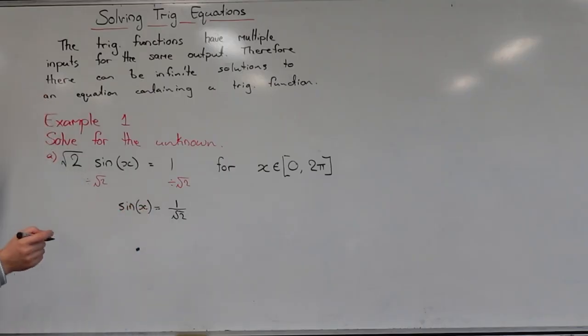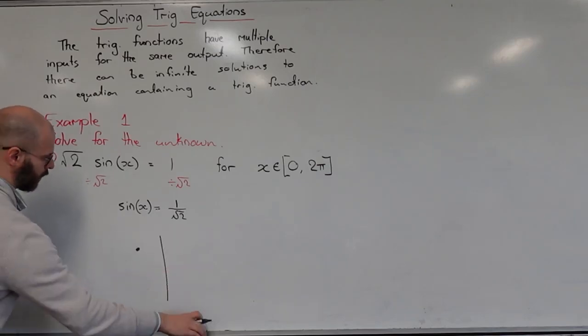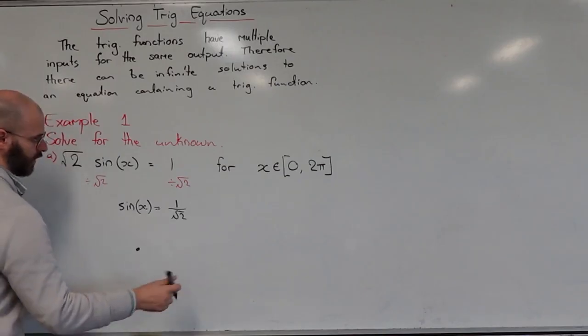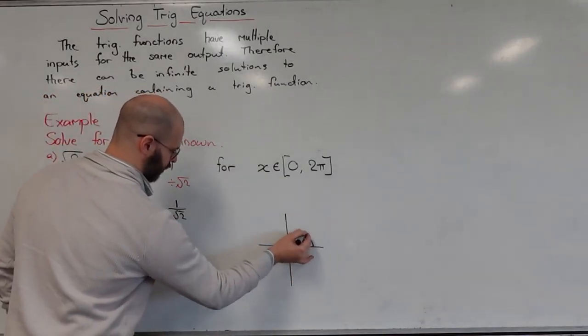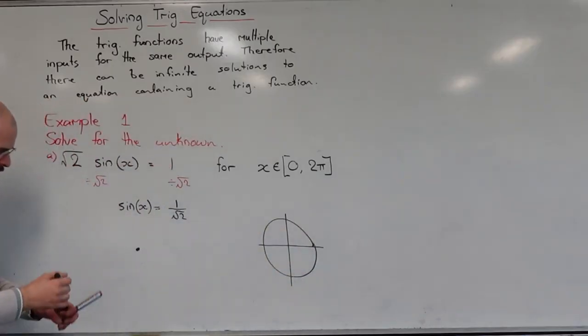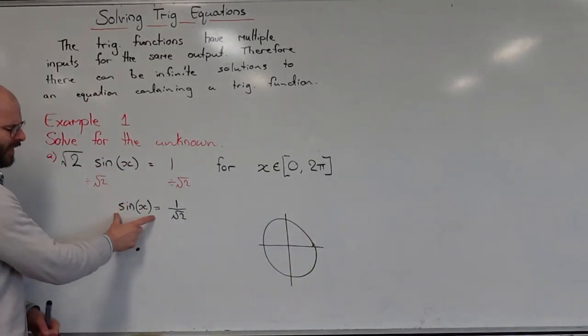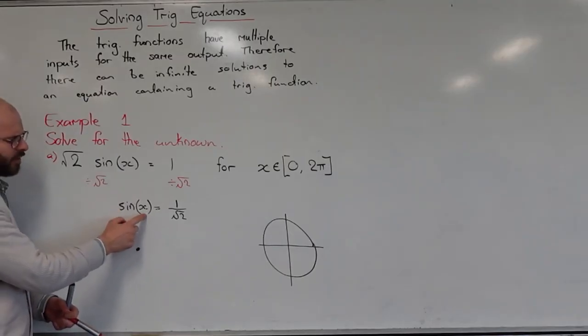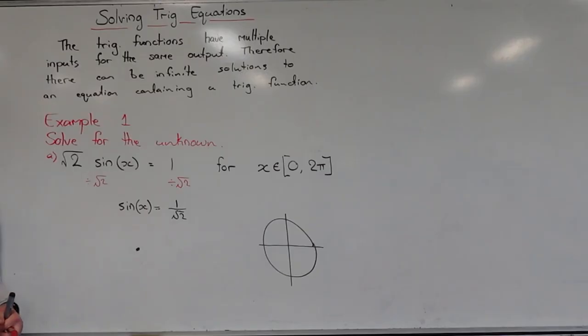And now what I need to do is I need to think about my unit circle. I might draw it off to the right here. When I'm looking at this value here, what I'm thinking is the sine of x gives me a positive value. The question is, where on the unit circle does sine give us a positive output?